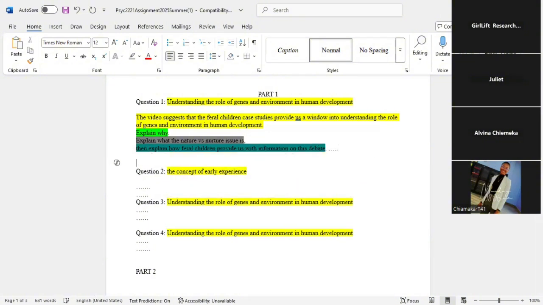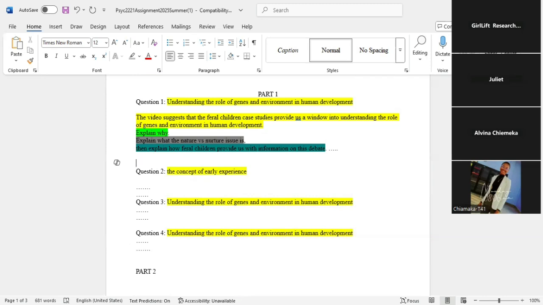So do we all agree that these are the 4 key areas to talk about in this question 1? Yes, ma'am. So once you're able to do this, you find that your research is easy, because when you're going to get the papers, all you're looking for is researching what nature versus nurture is, and so on.